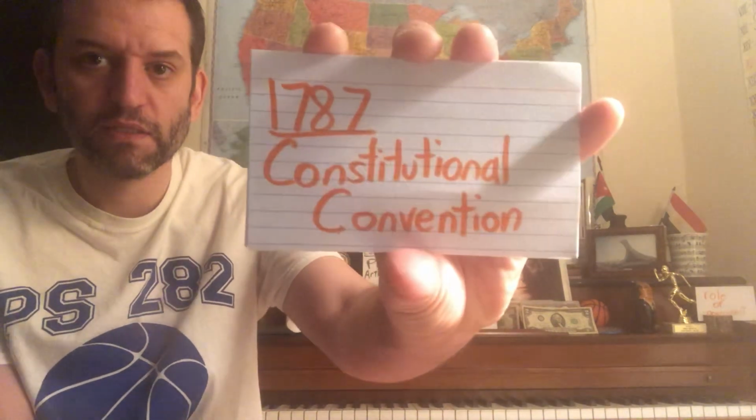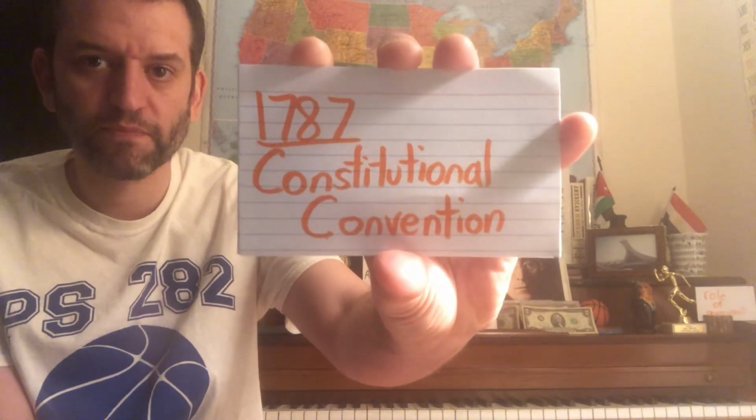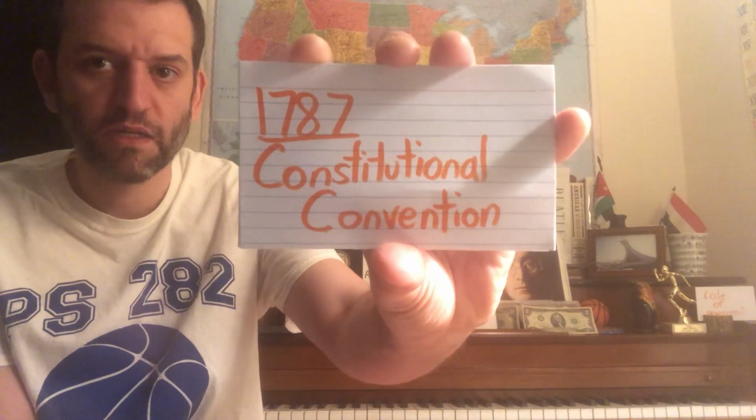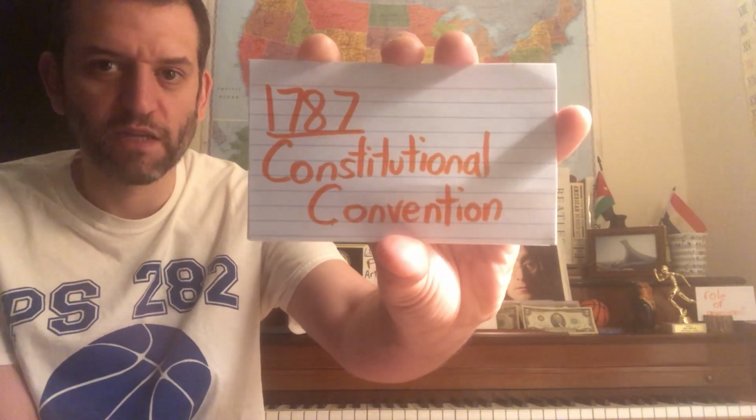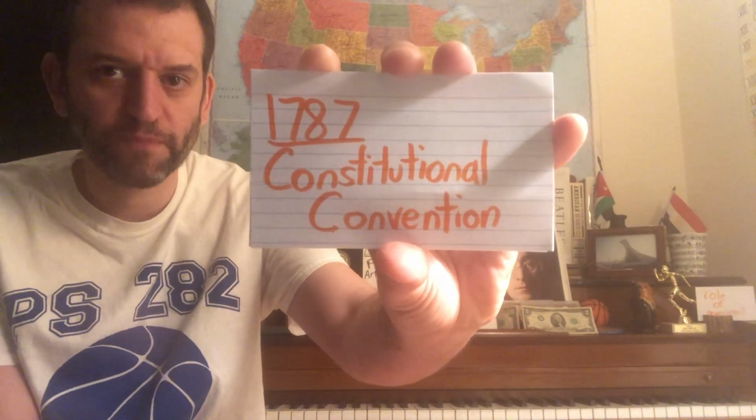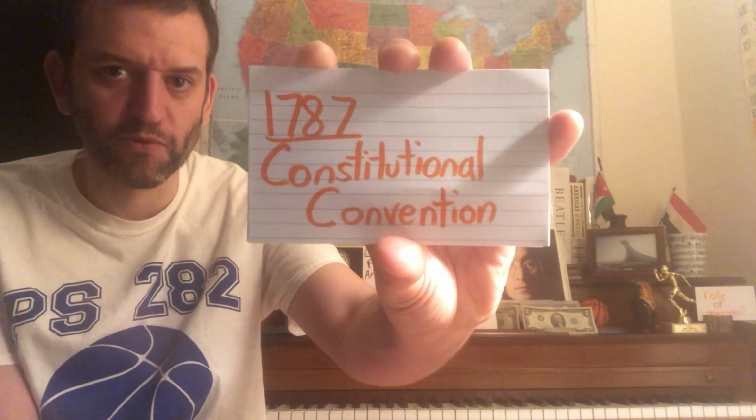The Constitution was created in 1787. It took about 4 months of negotiating, writing, editing, arguing amongst the delegates who were there in Philadelphia.